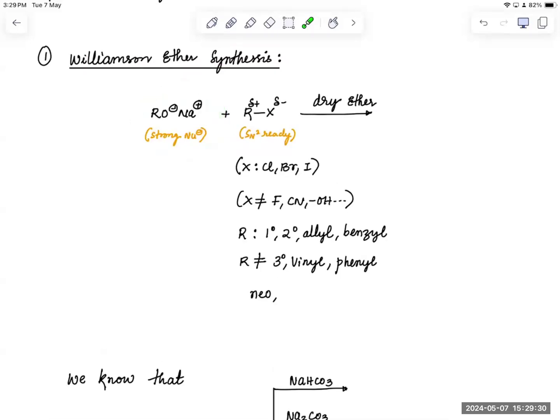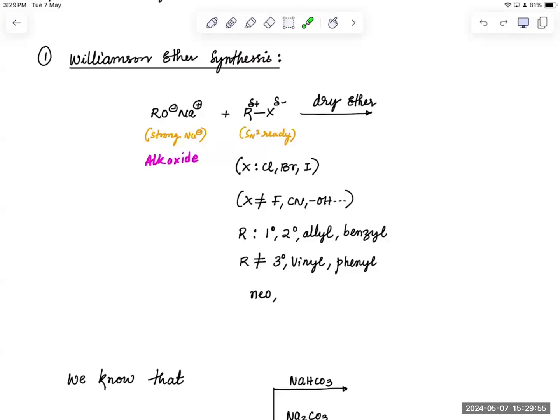RO minus are called alkoxide groups. Alkoxides are strong nucleophiles. And when you react with RX, we are expecting an SN2 type of reaction, because since it's a strong nucleophile, we always expect it to go via SN2 reactions.